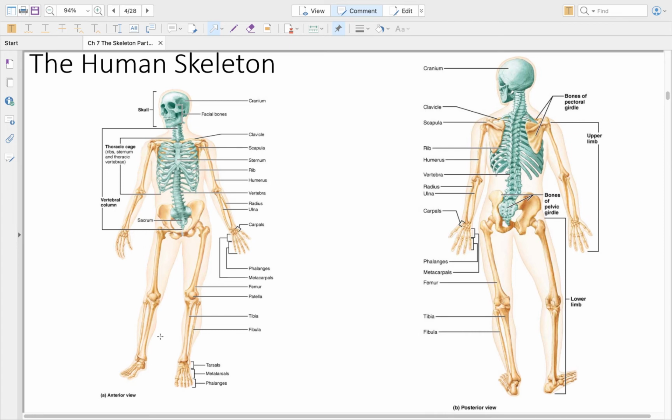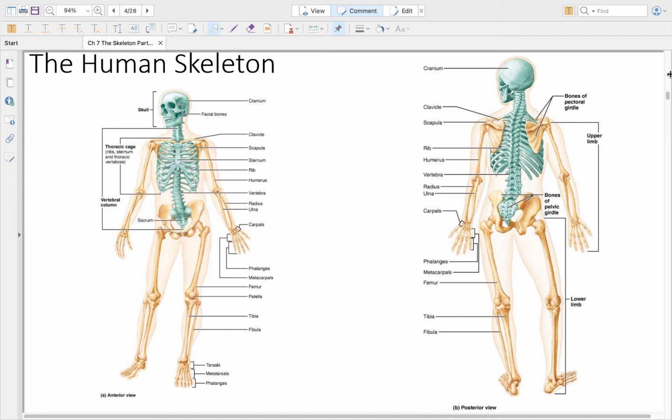So from the front view, in our axial skeleton, you can see the skull. There's facial bones. You can see the vertebral column running all the way through and ending at the sacrum and coccyx bone. And then we have our thoracic cage, which holds our ribs, the sternum in the middle.